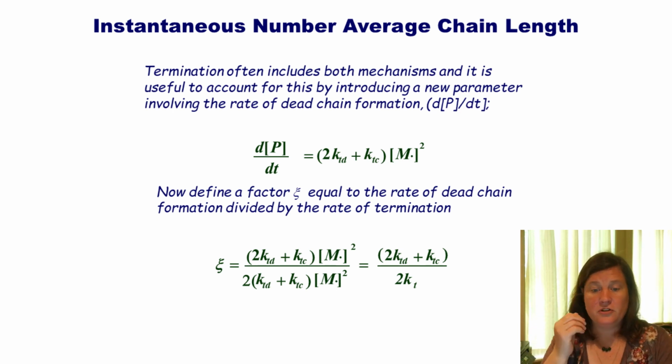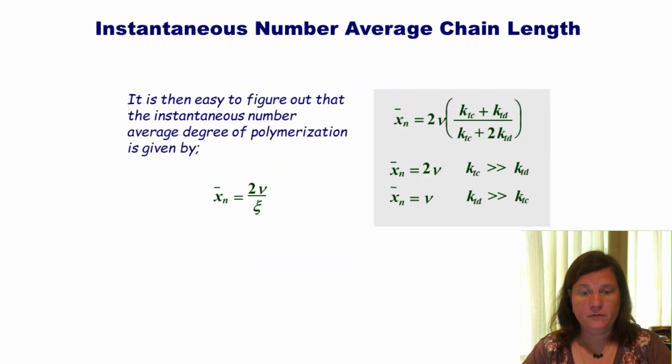And that expression is shown here. And that's that Greek letter that's hard to pronounce, ζ, something like that. I had a professor a long time ago who called it squiggle, and that is what I'm going to call it. So squiggle is just this collection of rate constants, and we can use that to get the number average degree of polymerization. Degree of polymerization is just 2 times the kinetic chain length divided by squiggle.